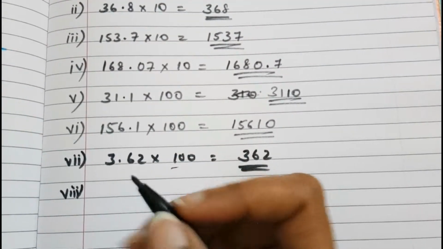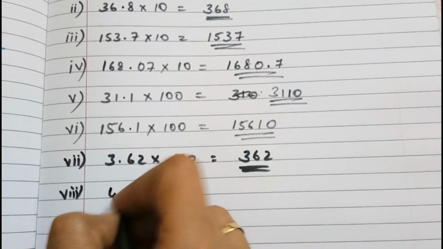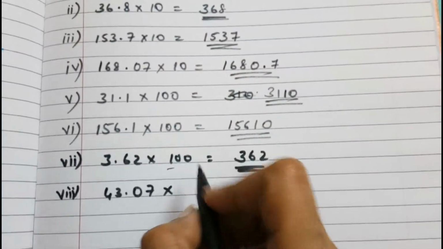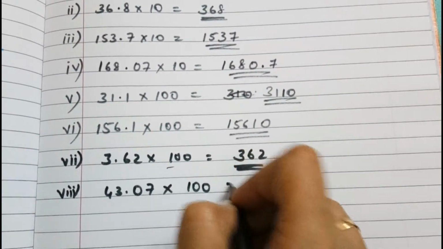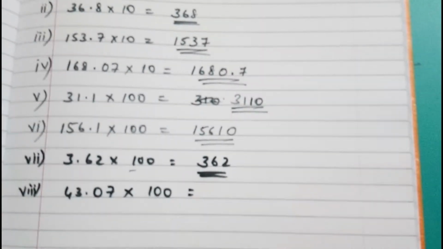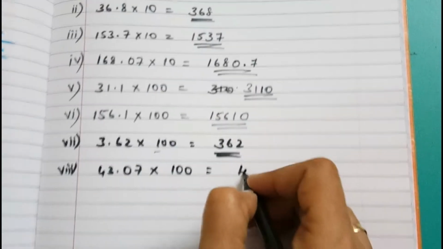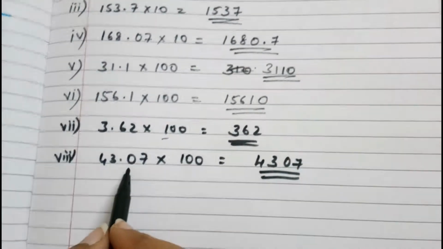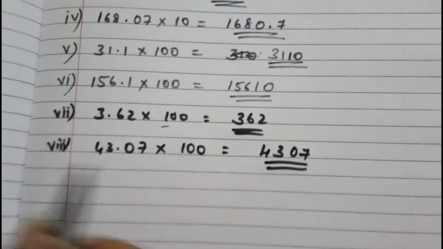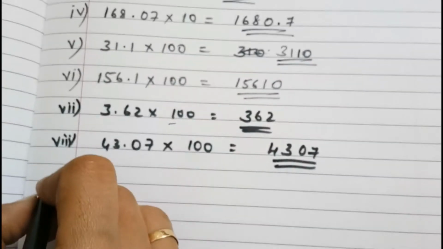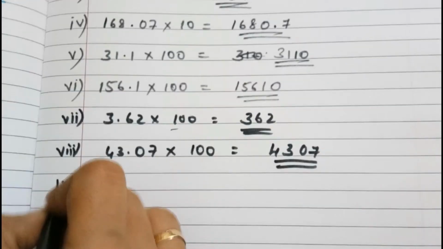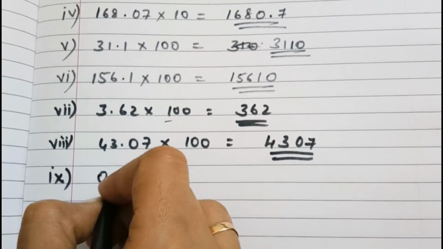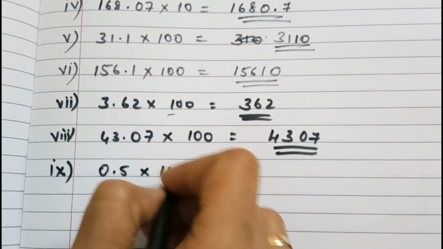Sub question number 8, and that is 43.07 into 100. Can you all guess? Yes, it is 4307, because two numbers here, two zeros here. The point disappeared. Now, sub question number 9, that is 0.5 into 10.